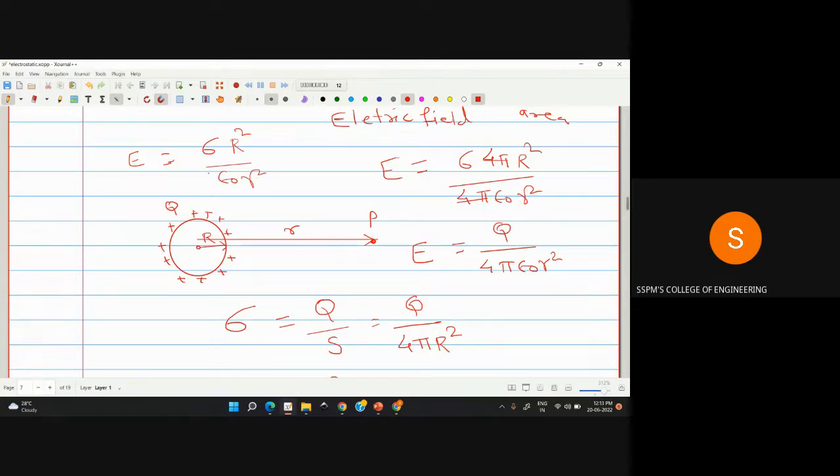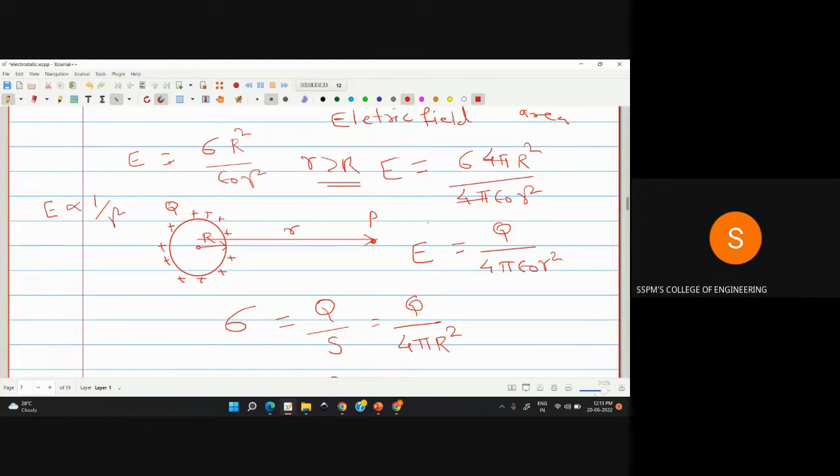So we can see over here the electric field is inversely proportional to 1 upon r square from distance r, isn't it? This equation is satisfied for small r greater than capital R, isn't it?